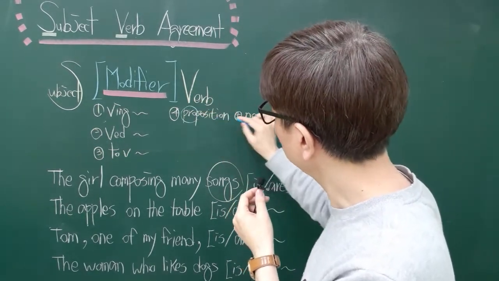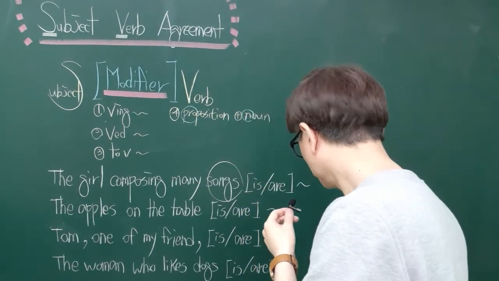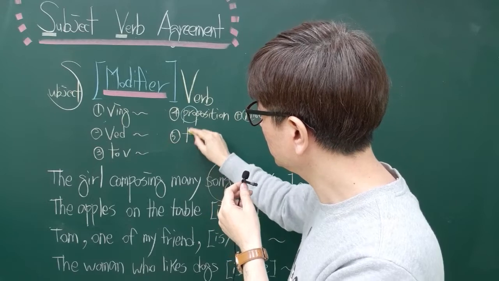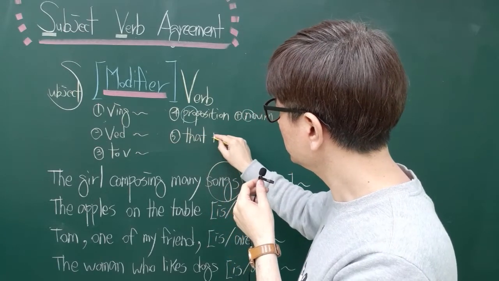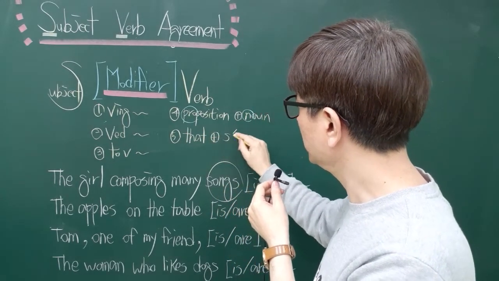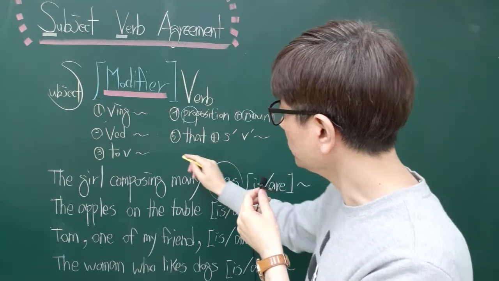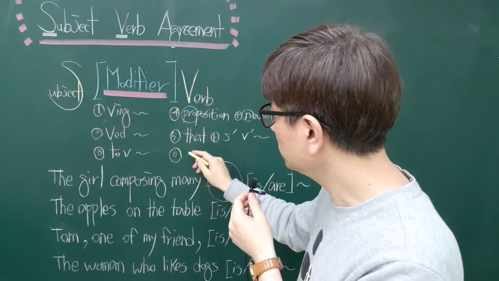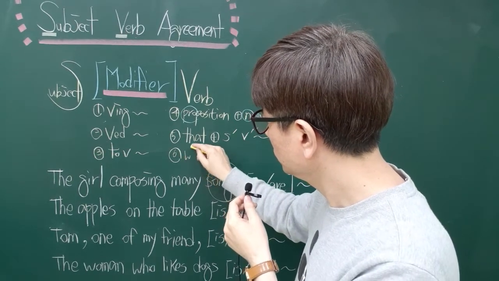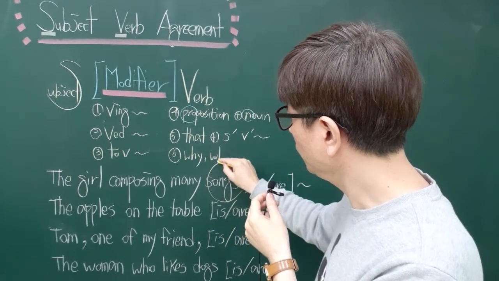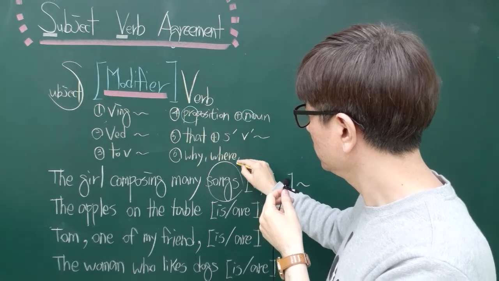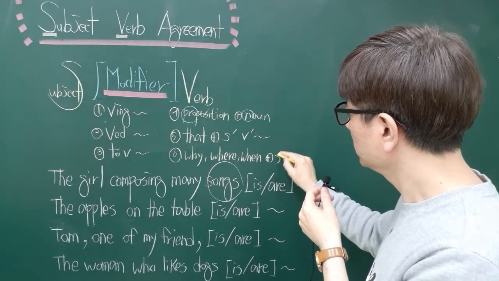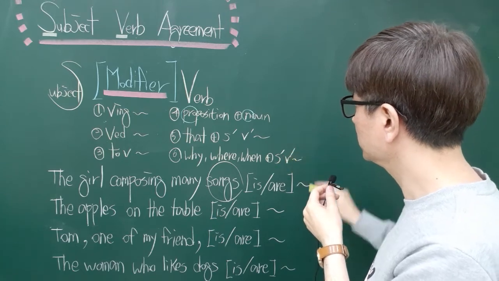Number 5, apposition that plus a complete sentence. Number 6, a relative adverb such as why, where, when, plus a complete sentence.